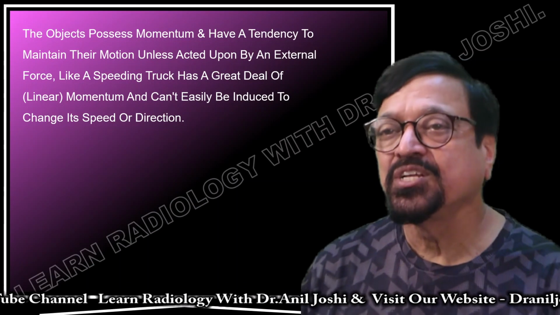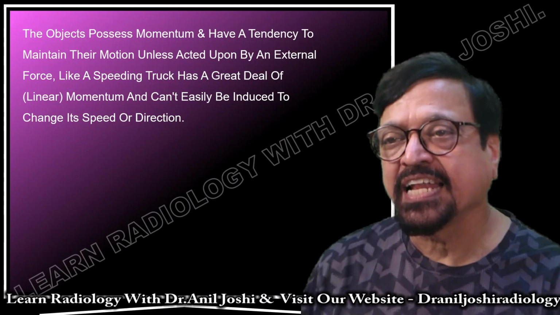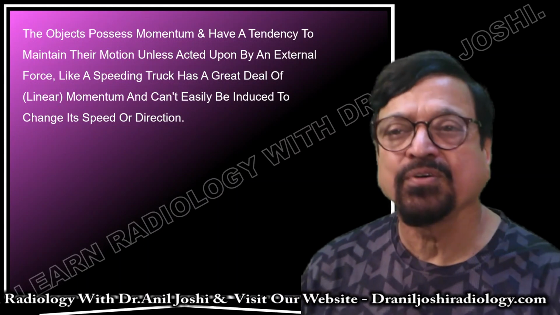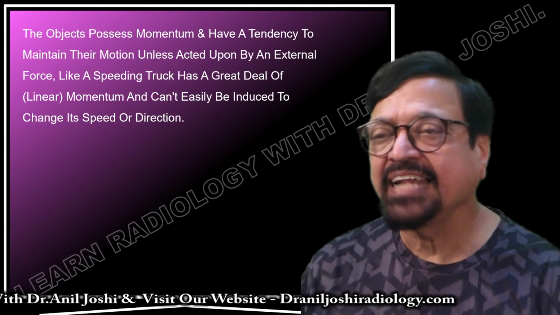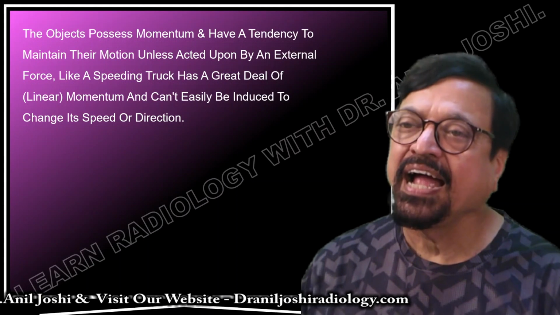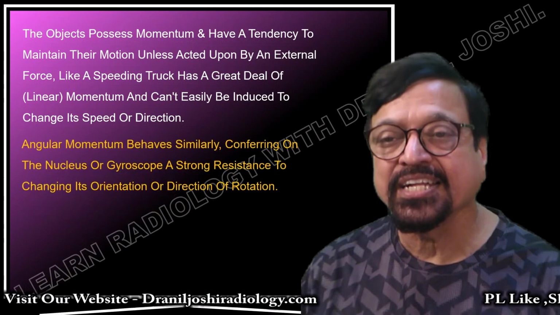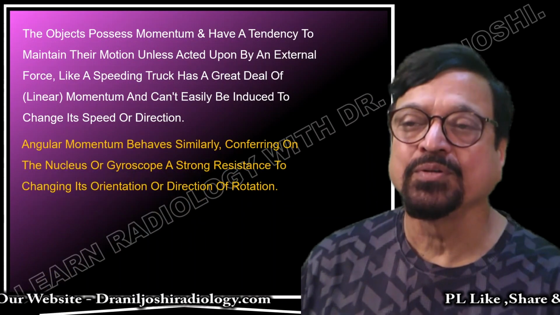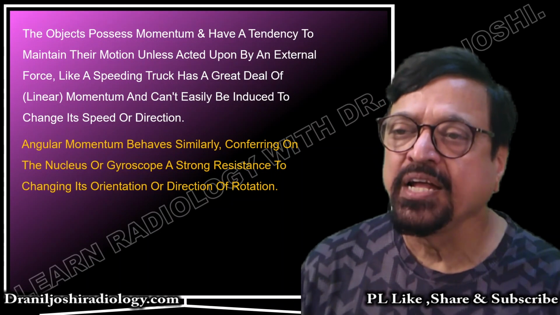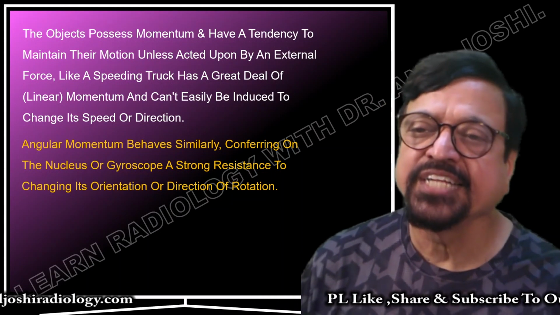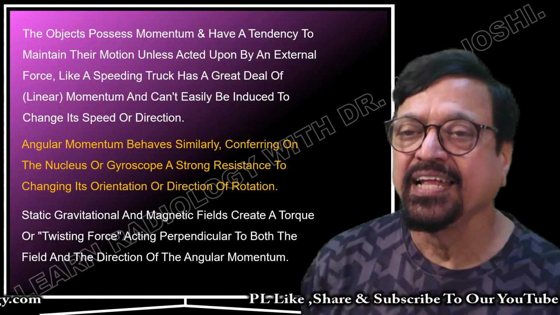Objects possess momentum and have a tendency to maintain their motion unless acted upon by external forces. Like a speeding truck, you know this example, has a great deal of linear momentum and cannot easily be induced to change its speed or direction. Angular momentum behaves similarly, conferring on the nucleus, like a gyroscope, a strong resistance to changing its orientation or the direction of rotation.